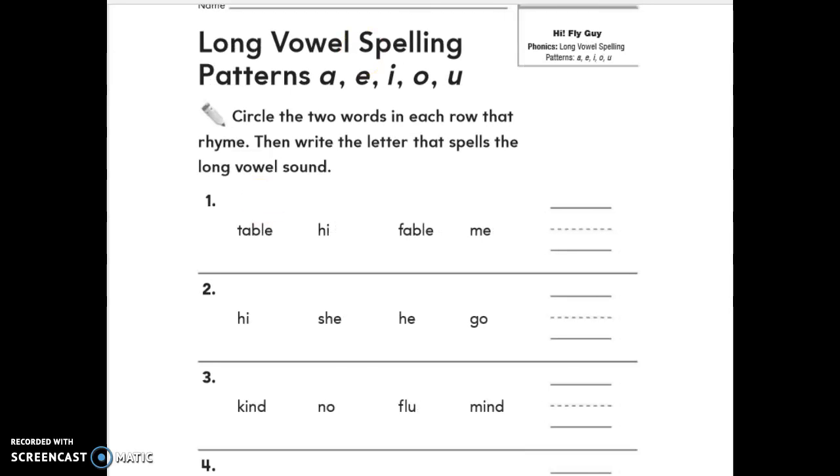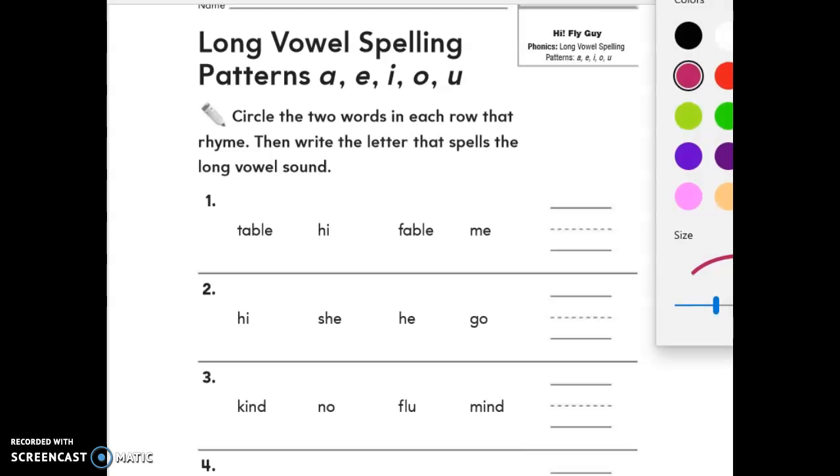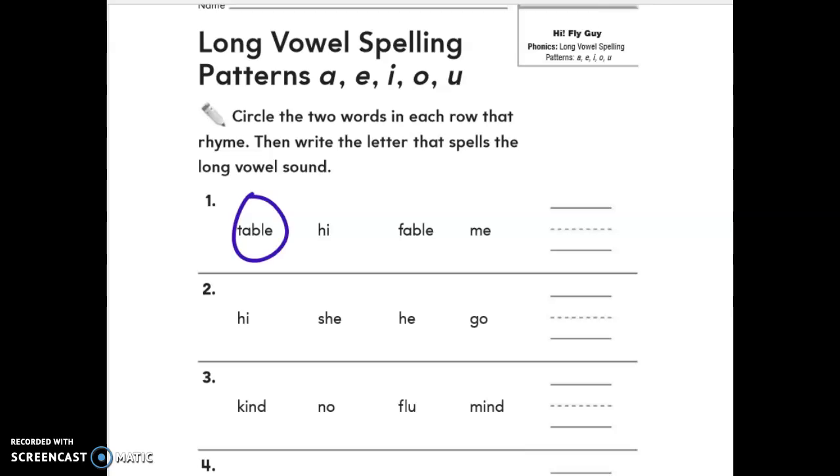Oops, I need to get my pen. Let's pick a different color. How about blue? Table, fable. They both have able, right? And what is the long vowel sound you hear? The long A sound. So write an A on the line for number 1.